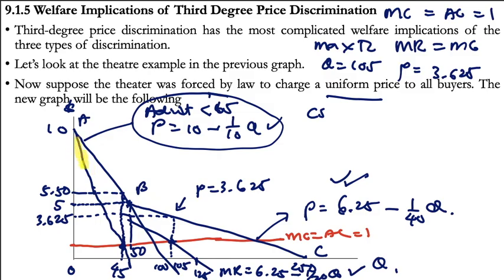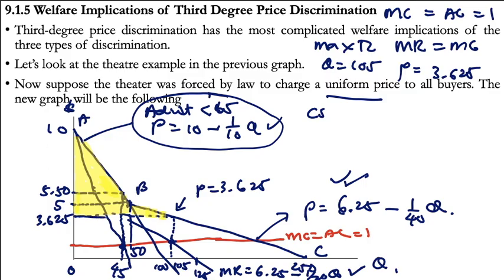Let me shade it with yellow color, until the price is 3.625, and then here. This is the first area, and the second area is the small triangle here until 3.625. So we have two areas actually.